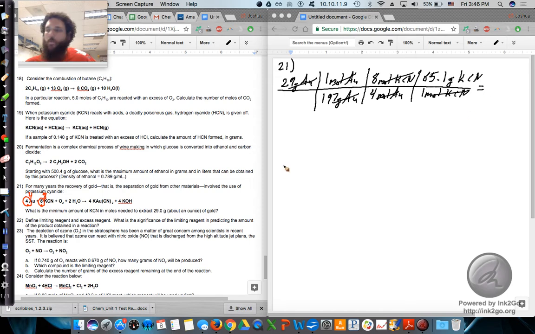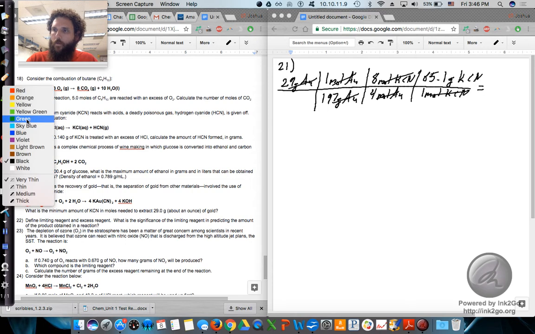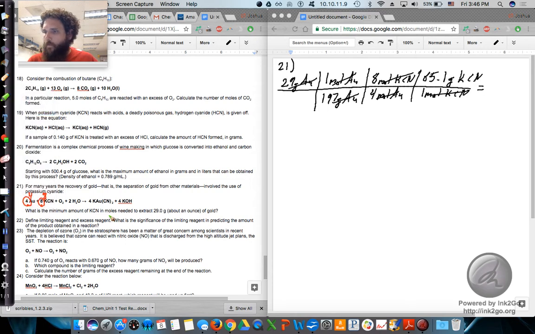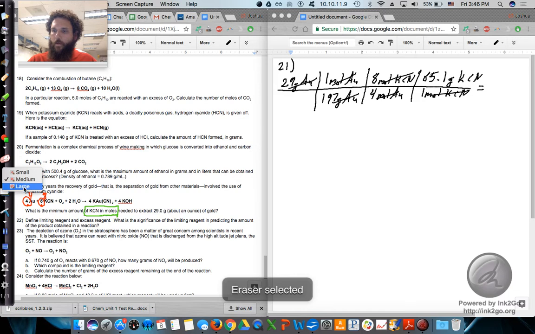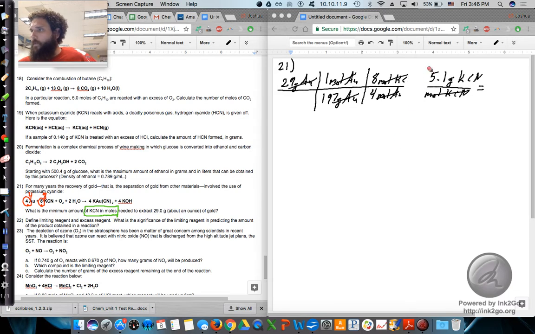Okay, so this is where I'm going to back up real quick and see why it didn't register that I should use this. And that is because the problem asks us to do moles of potassium cyanide. So I need to get this out here, change that to large. Alright, so all that goes away.